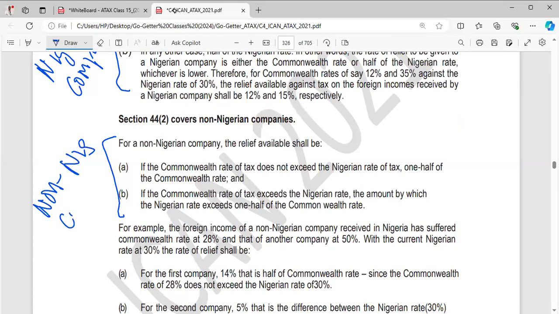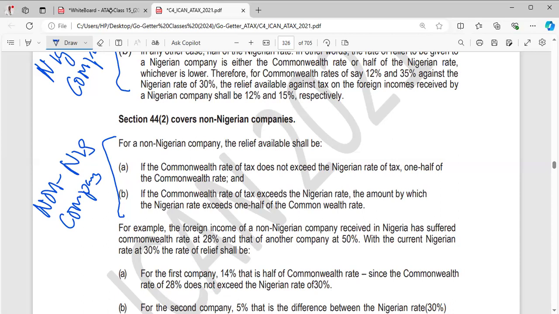If the Commonwealth rate of tax does not exceed Nigerian tax rate, then one half of the Commonwealth rate. Then if the Commonwealth rate of tax exceeds Nigerian rate, the amount by which the Nigerian rate exceeds one half of the Commonwealth rate.